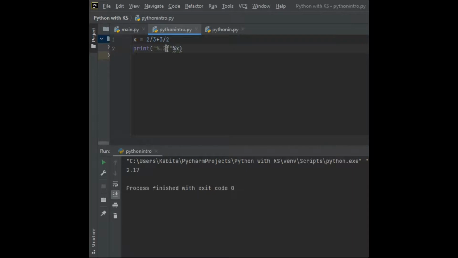Now if you would like to get up to 3 decimal places, then change 2 as 3. And you are getting the result up to 3 decimal places. So if you would like to get 4 decimal places, then change this 3 as 4.